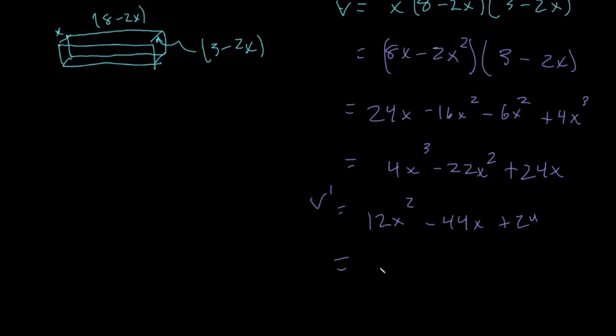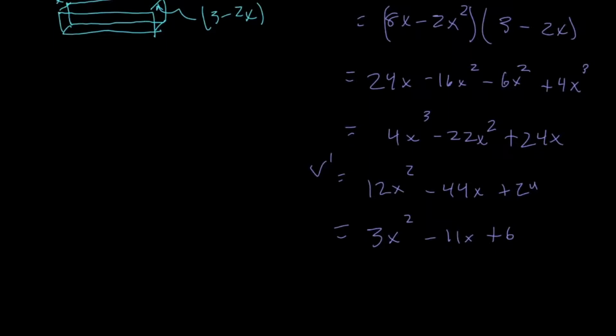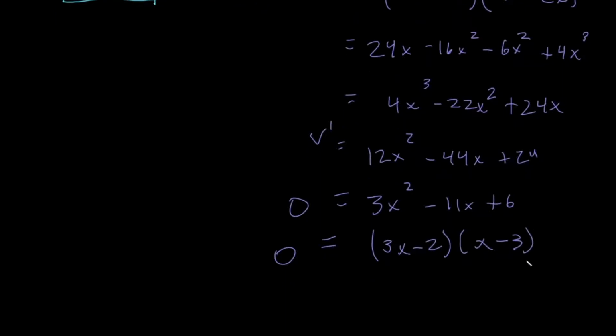Divide everything by 4, so I get 3x squared minus 11x plus 6. And I want to set V prime equal to 0. 3x minus 2, x minus 3. Does this answer your question, Jalen, or do you want to see me keep going? So we get critical points 2/3 and 3.